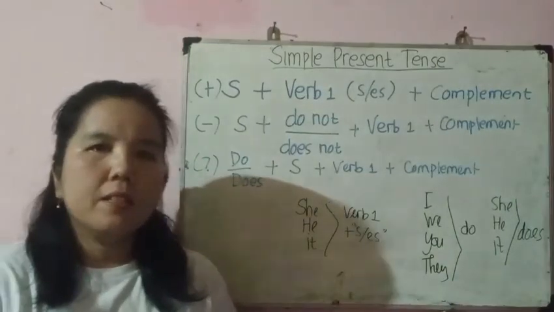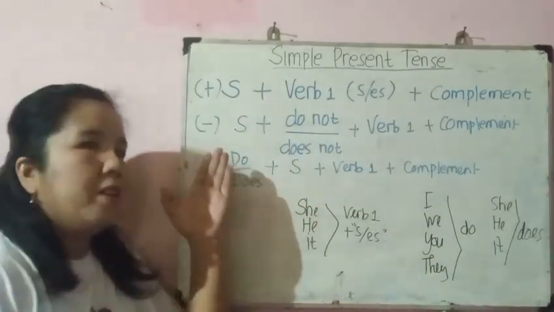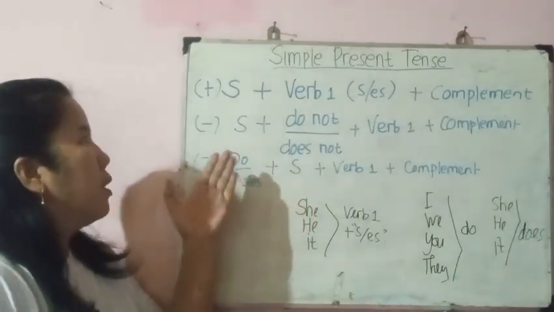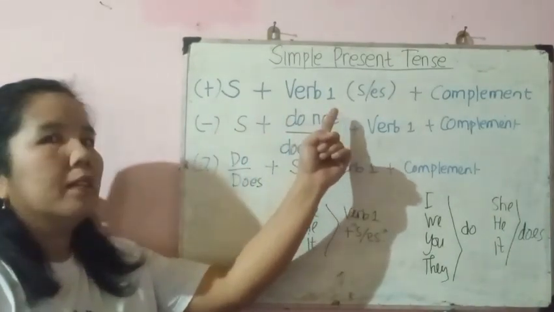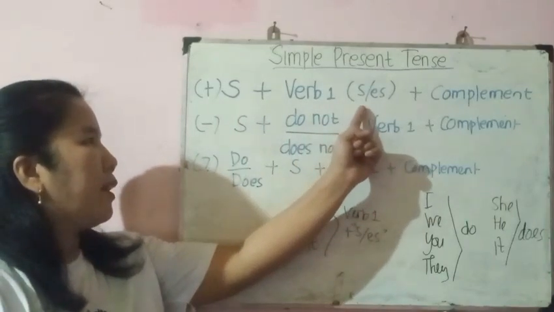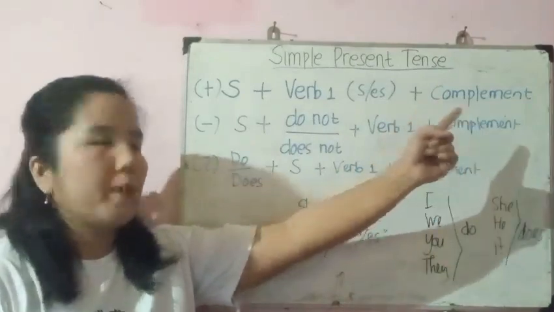Now let's see the structure of simple present tense. In a positive sentence, the structure is subject plus verb 1 and add s or es at the end of the verb, plus complement.